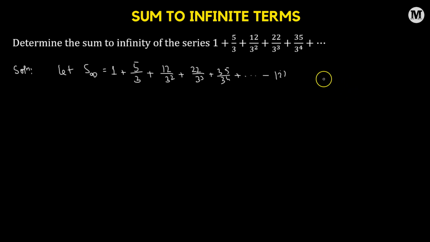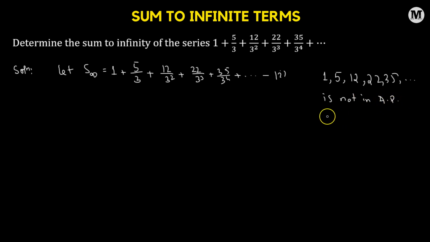So for this, we'll consider the first term. From here, we pick up the value 1. Then from the next term, we pick up only the numerator, which is 5. Then the numerator of the third term, that's 12. Then we have 22, then 35. Now this sequence is not forming an arithmetic progression.